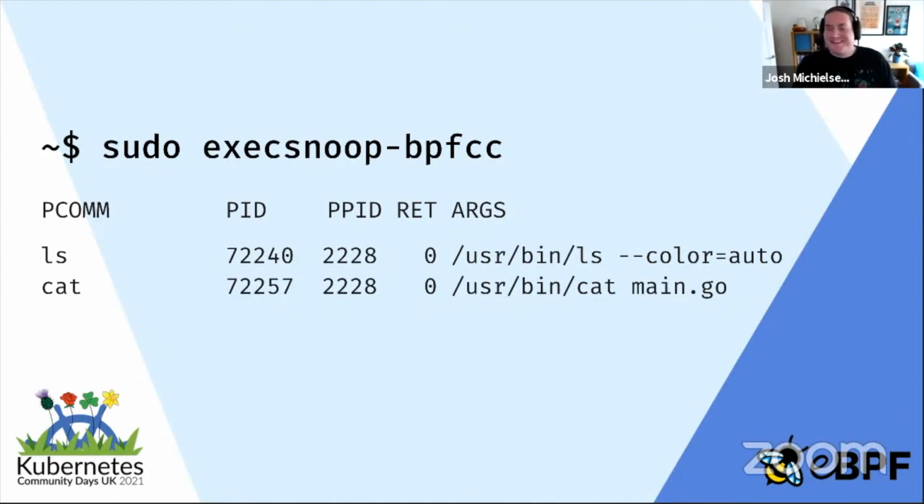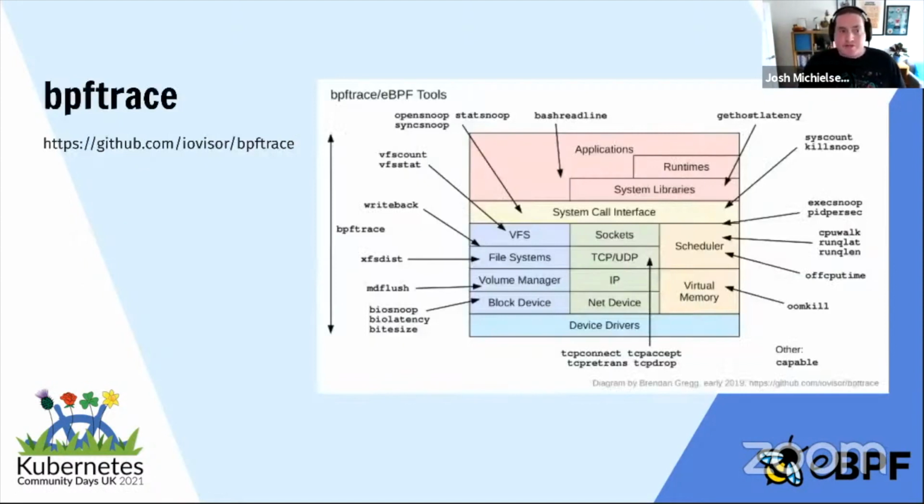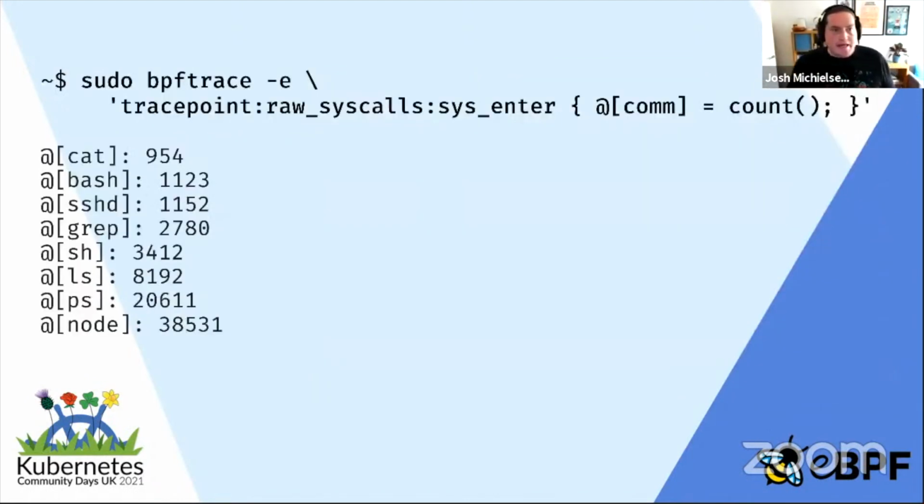Next up, we have another program that's kind of similar called bpftrace. This is another collection of tools, but also a custom programming environment that you can use to write some of your own functionality using a custom language, basically. Here's an example. I run bpftrace and give it the command that I want.